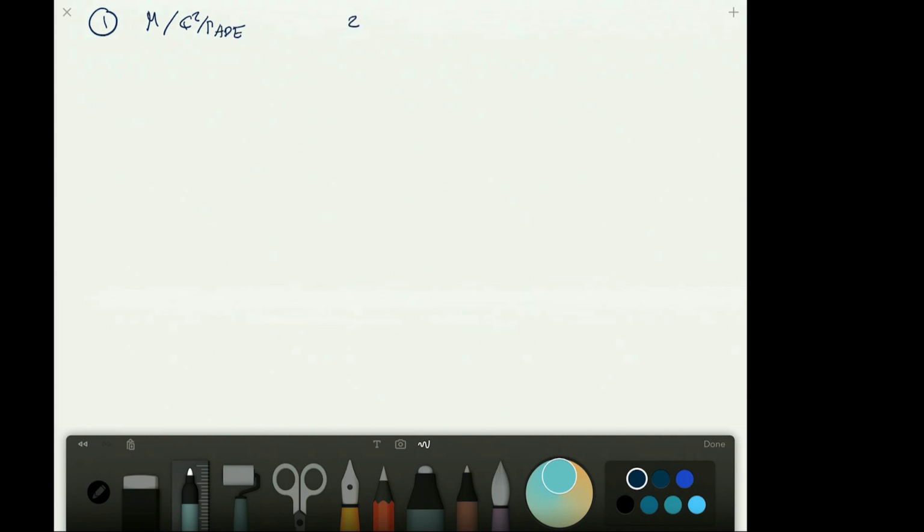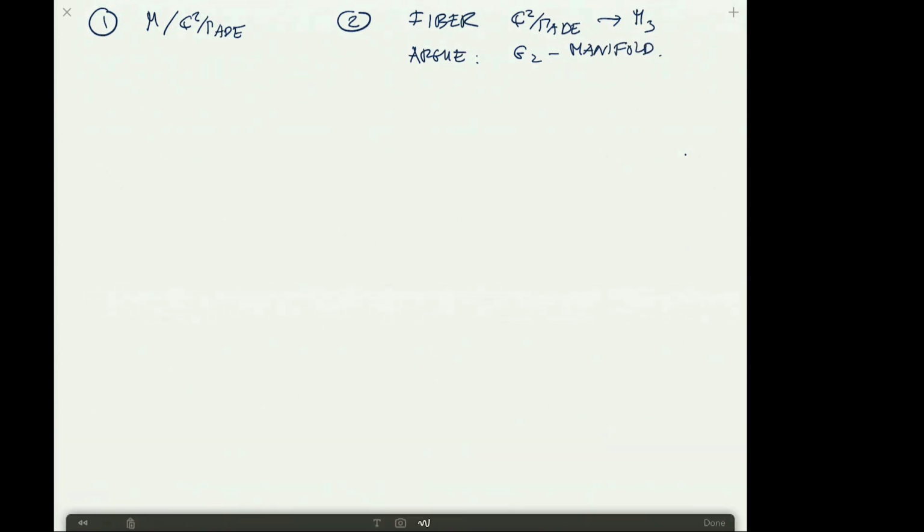And the second step will be to fiber C2 mod gamma ADE over, so 4 plus 3 is 7, a 3-manifold. And then argue that this actually has a G2 structure, or is a G2 manifold. And indeed, we will see that this is possible.